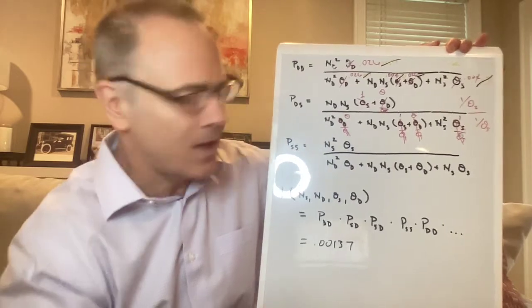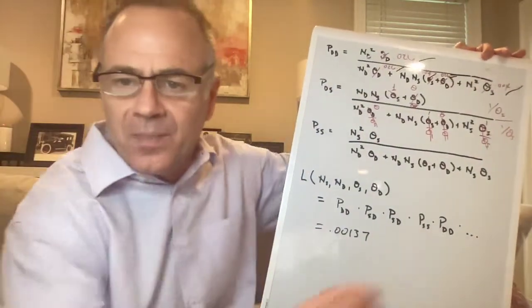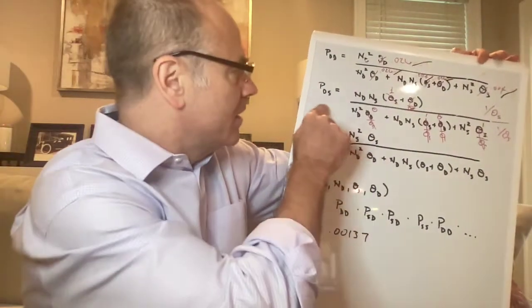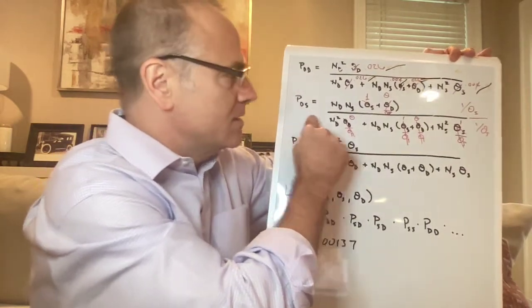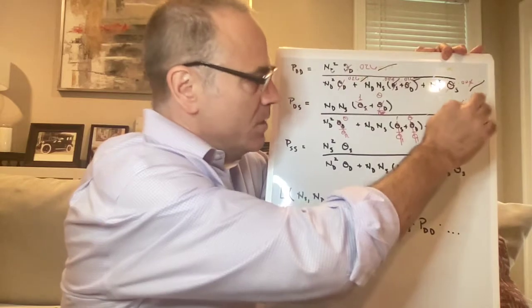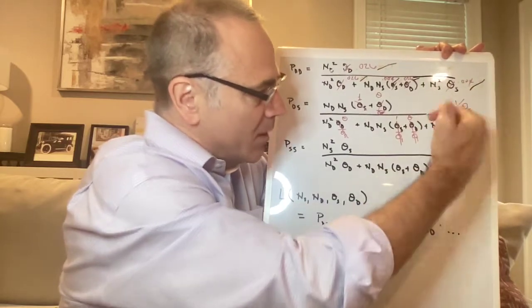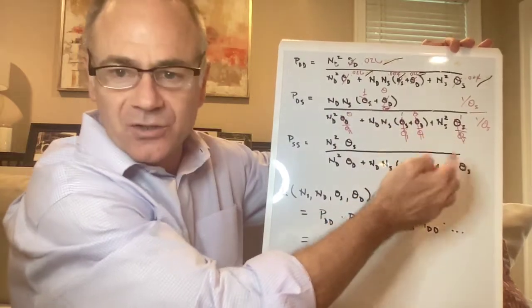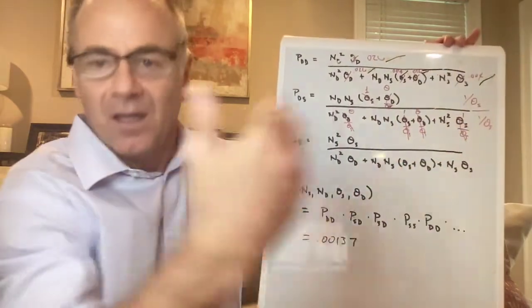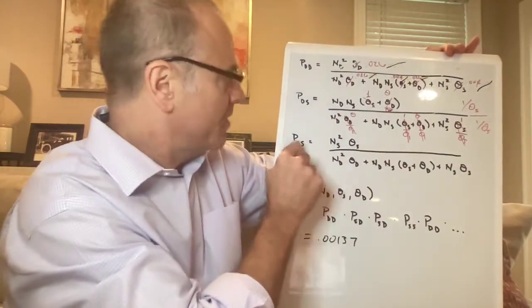I looked at all the p's, and in the last lecture I only focused on one of them, p sub d sub s. I multiplied numerator and denominator by 1 over theta s, did all the substitutions, and that's what you get. You can do that again with the PSS, PDD, and here's what you get.